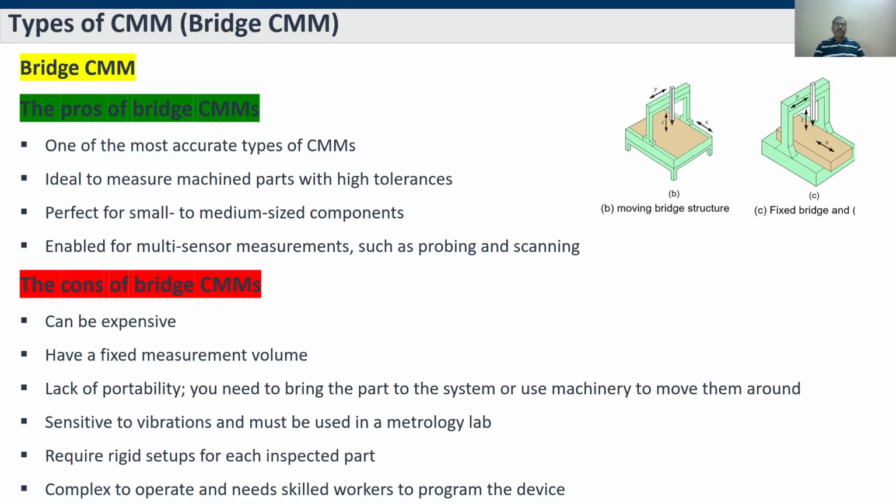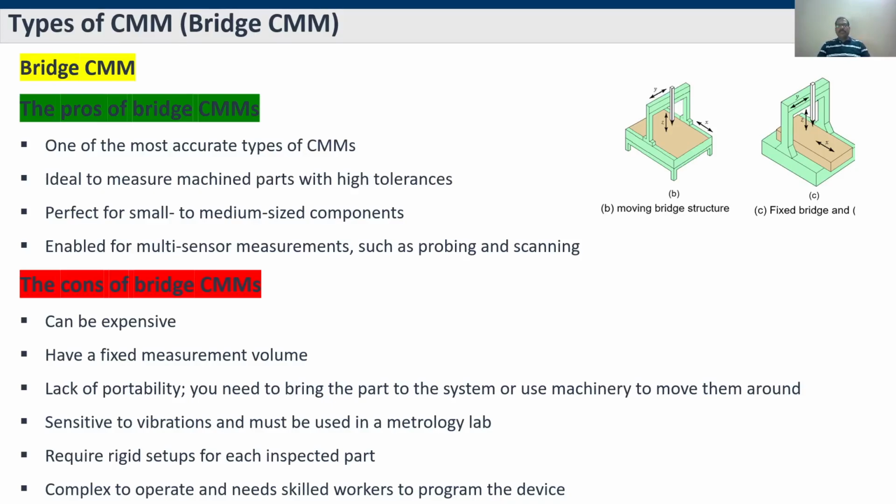Perfect for small to medium sized components. You can't use heavy components because of the range given. It is also enabled for multi-sensor measurements such as probing and scanning. Probing will be used for measuring, and scanning is also possible using this CMM.